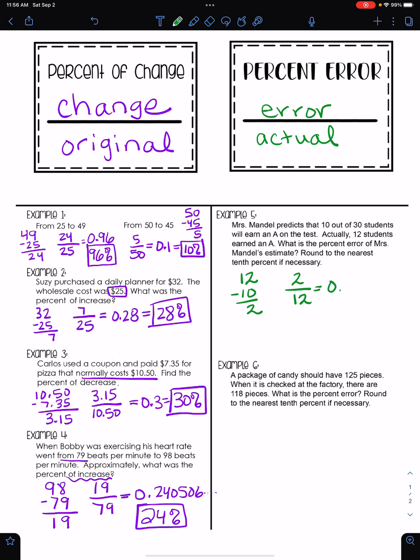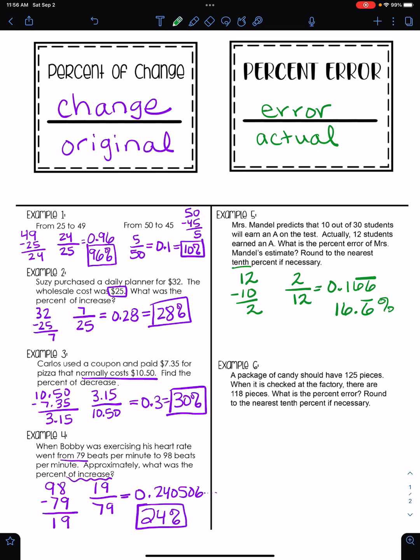They're going to get 0.166. It's going to repeat. So it says to round to the nearest 10th, which is right here. So I'm going to look one place over. Wait, just kidding. First, I have to change it to a percent, which means I need to move the decimal over twice to the right. So this is what I get as a percent.